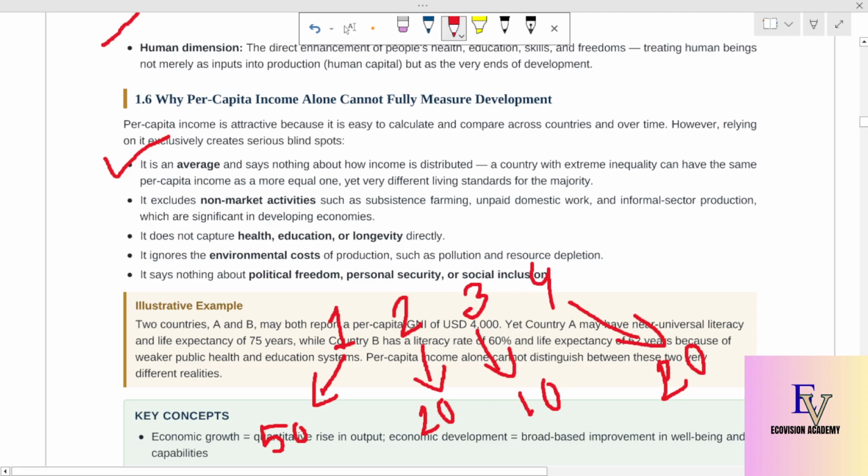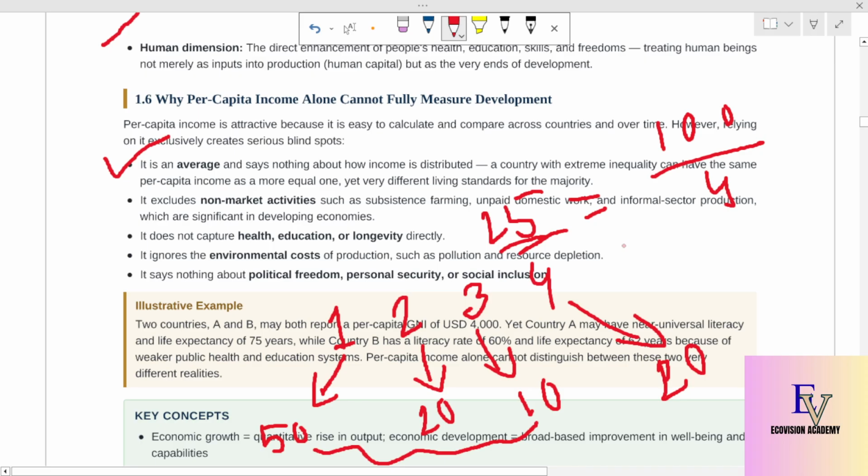Whenever this is the distribution, we can see there is a huge gap between 50 and 10. So there is a huge inequality. If we add 50 plus 20 is 70, plus 10 is 80, plus 20 is 100, divided by 4, the per capita income of that country is rupees 25. But we cannot say that each person is getting rupees 25, because there are distinctions.